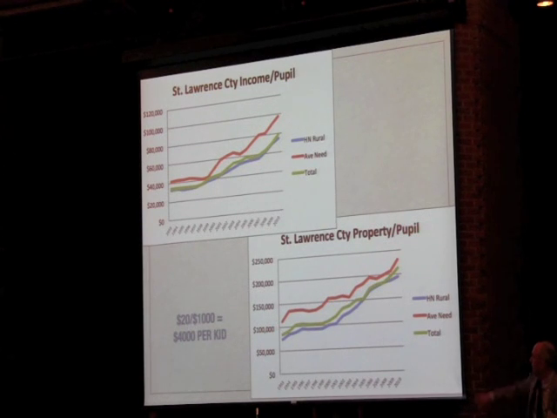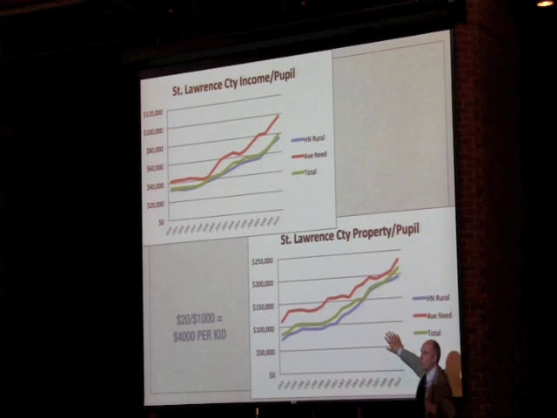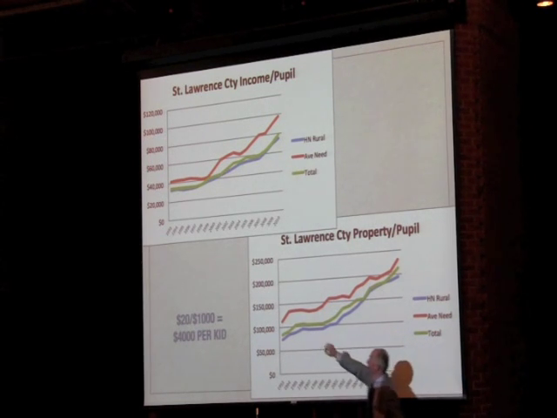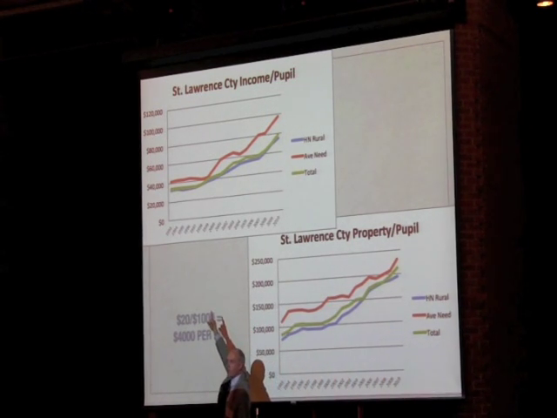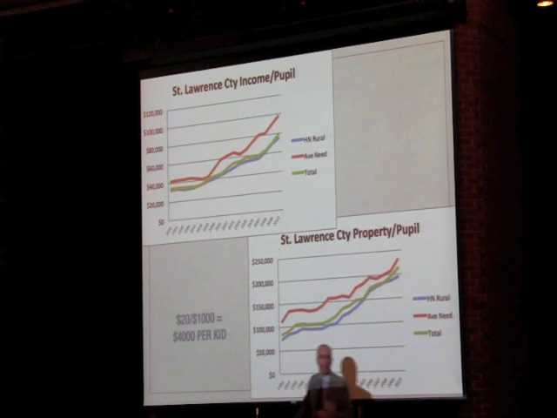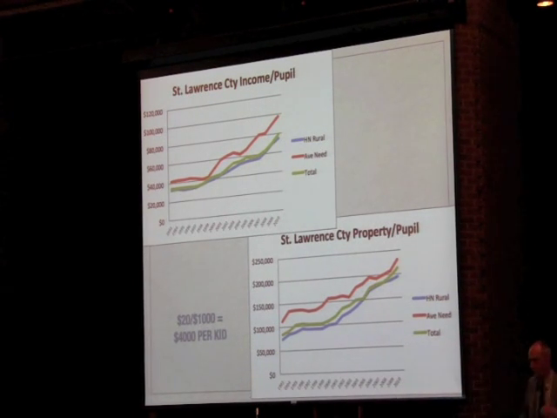Property wealth. Started at $100,000 of total taxable property wealth per pupil back then. And now we're up over $200,000 of total taxable property wealth per kid. This is what we tax. And this is how we get our checkbooks to pay that tax, if you will. All right?